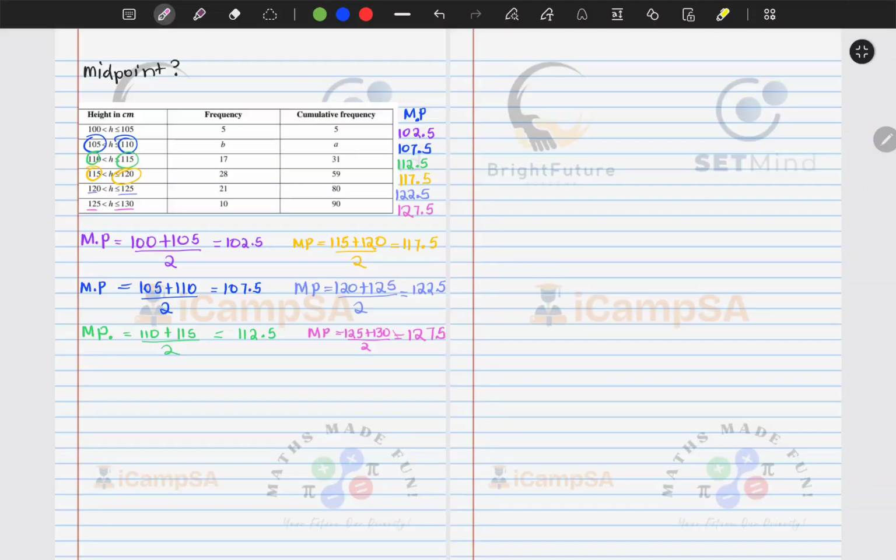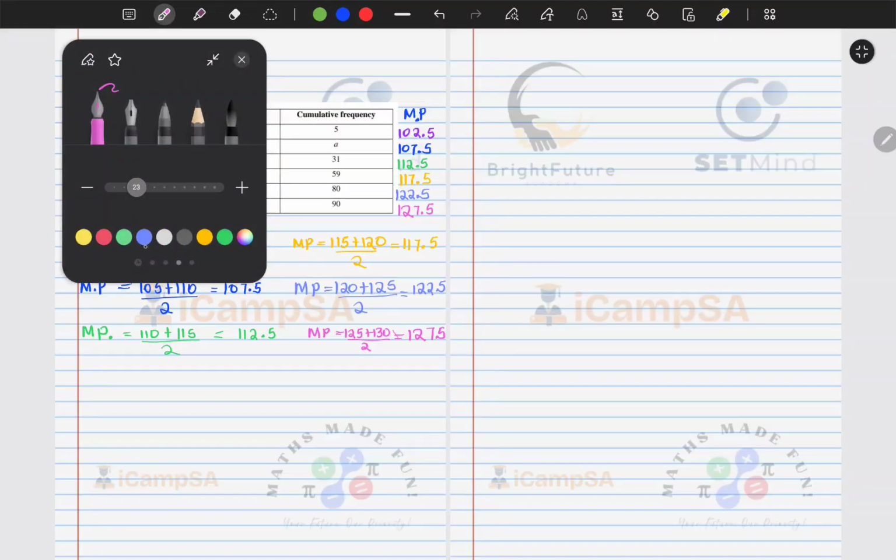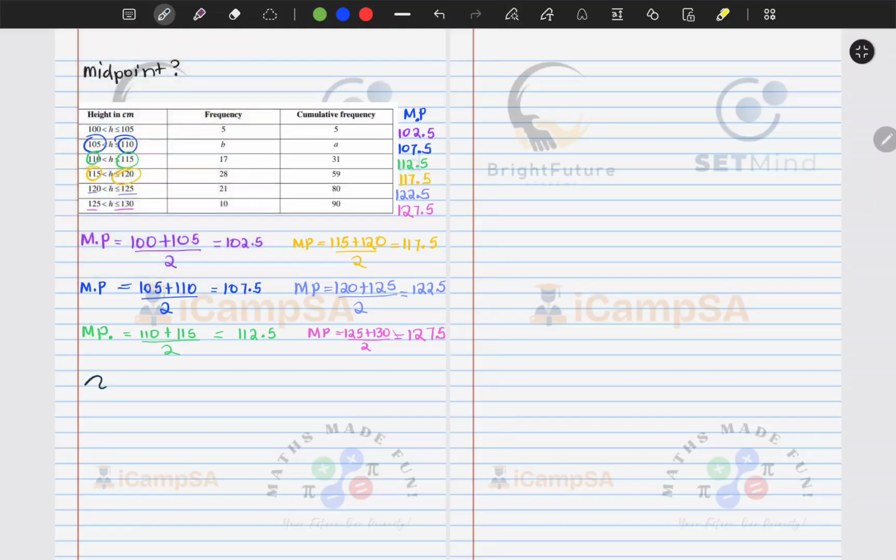So we are now in a position, guys, where we can go and find our mean, because remember our mean is what we are looking for. Our mean, we said, is the sum of our frequency multiplied by the respective midpoint, and all of this will be divided by n.